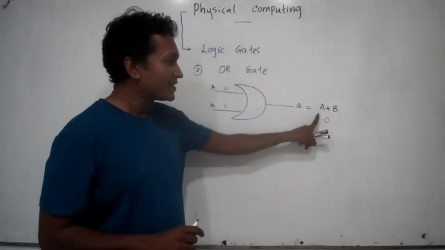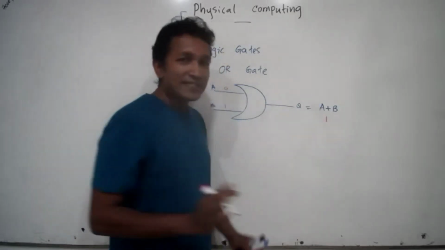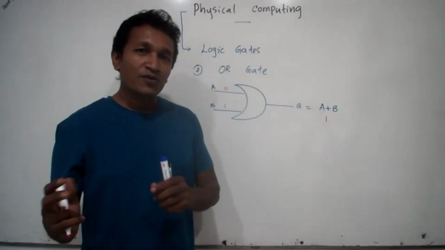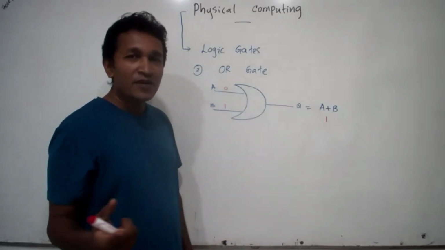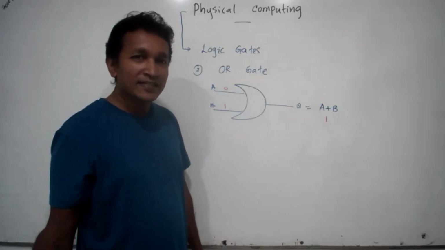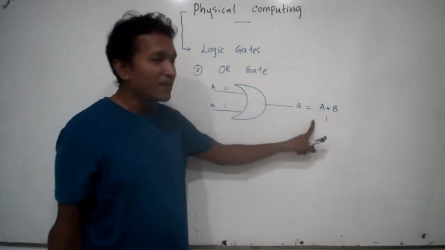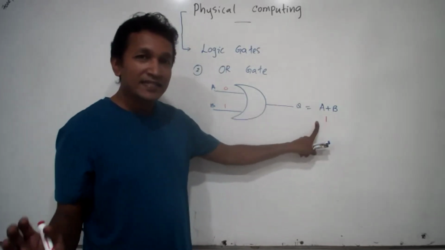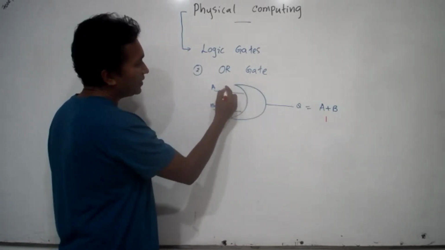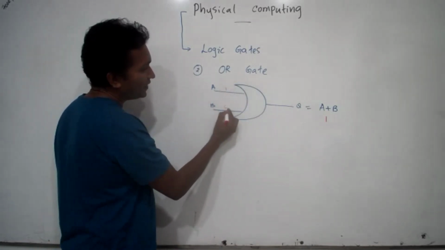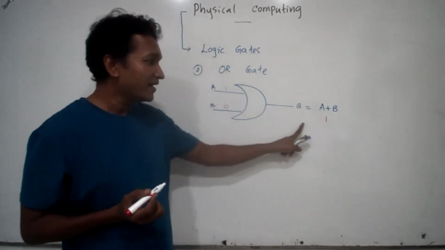Yes. So this is the OR gate. From two inputs, even if one is getting a one, the result will be one. That is the meaning of the OR gate. If it is one and zero, again the output will be one, right?